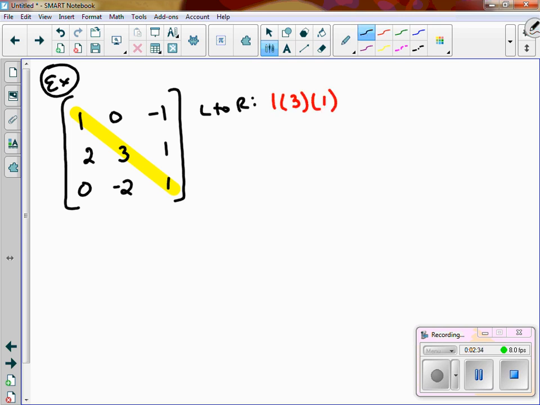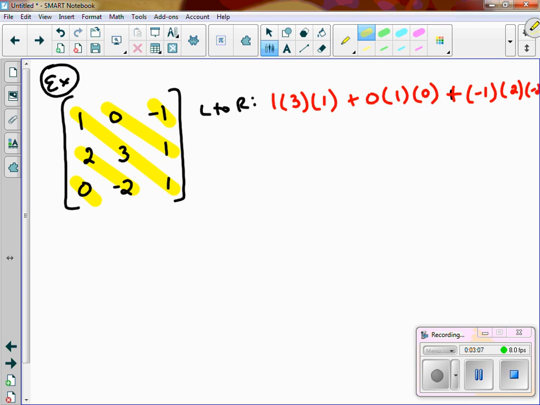I'll have another diagonal of 0, 1, and 0. And then my last diagonal that you can see going left to right is going to be that negative 1 times 2 times negative 2. Sorry, kind of cut off on my board there. So that's my final diagonal going left to right.